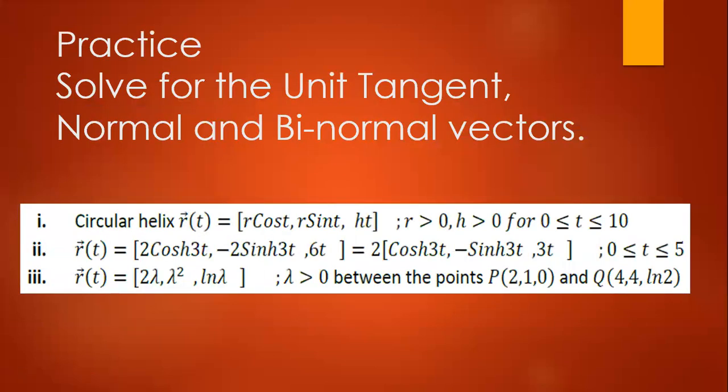Okay, now there are some practice questions. Solve for the unit tangent, normal and binormal vectors, and also we can find tangential and normal components for these questions. The first three questions are the same ones we have solved for arc length.